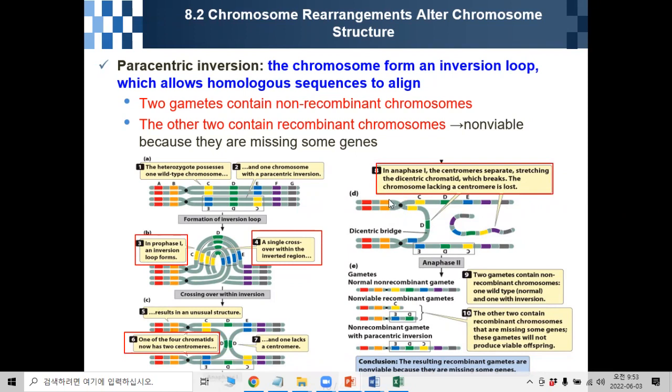They have a dicentric chromatid. They have two chromosomes, one chromosome and another chromosome. This one we call a dicentric chromatid. So paracentric inversion makes dicentric chromatids. After that, they will have the gametes. Two are non-recombinant, two are recombinant, but these are non-viable.